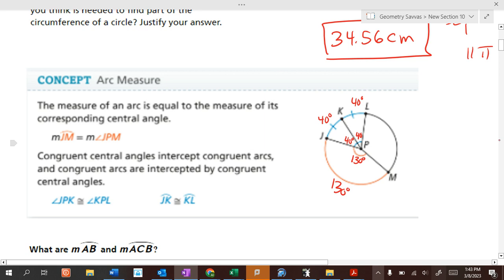So, a major arc is greater than 180 degrees and uses 3 letters to name it. A minor arc is less than 180 degrees and uses 2 letters to name it. Okay?